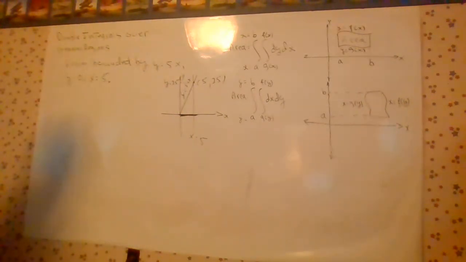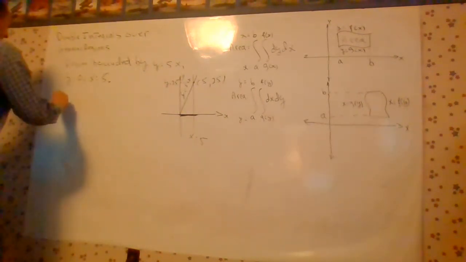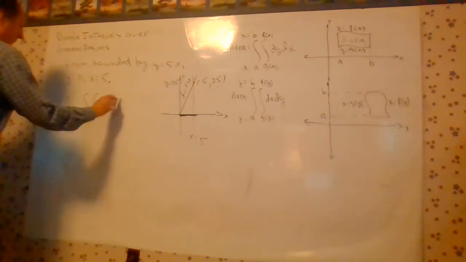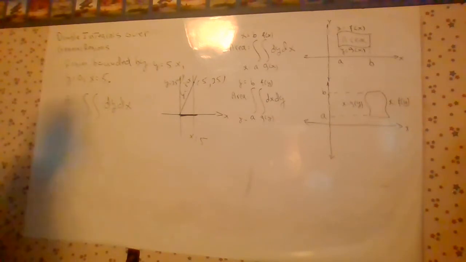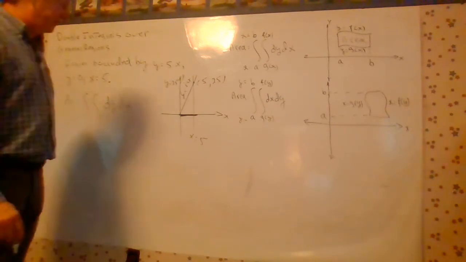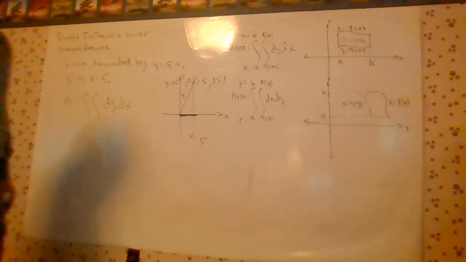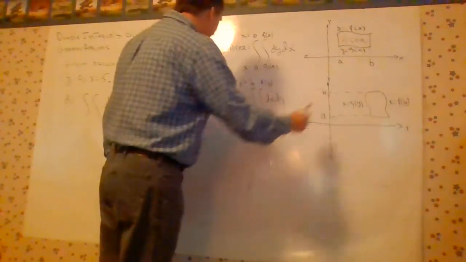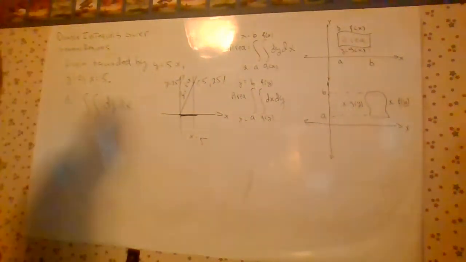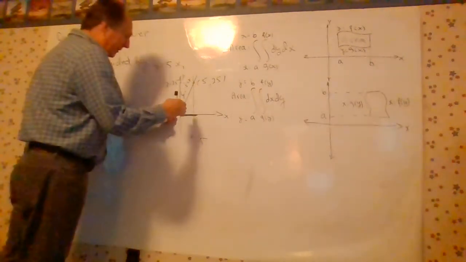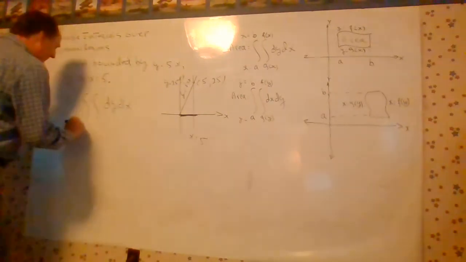Let's set up 2 integrals to figure out the area. We'll do a dy dx integral, and then second we'll do a dx dy integral. So you can get used to this way of thinking over here. Well, first of all, outside limits first. X has got to go from 0 to 5.